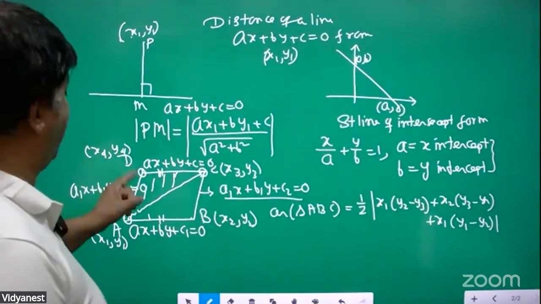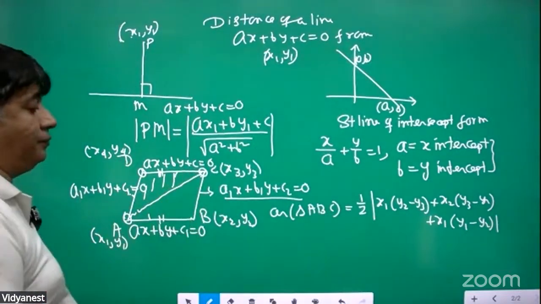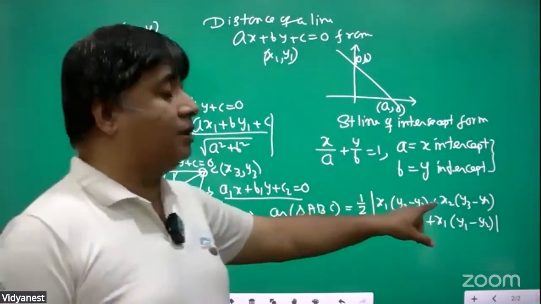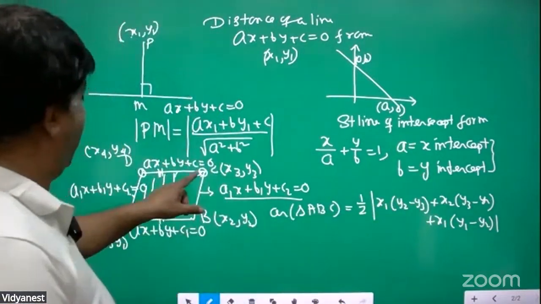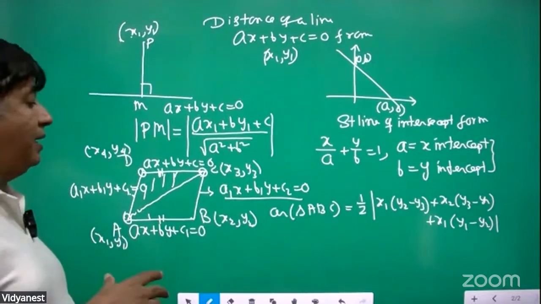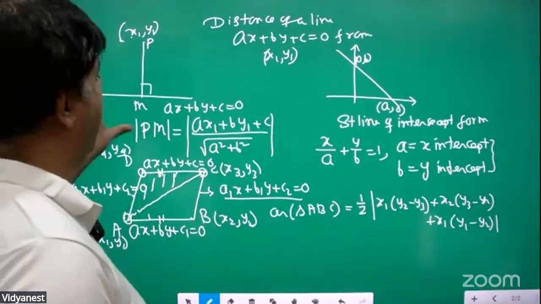So once you get ABC, you put that in this formula, you will get the area of that triangle, then make it twice, you will get the area of the parallelogram.